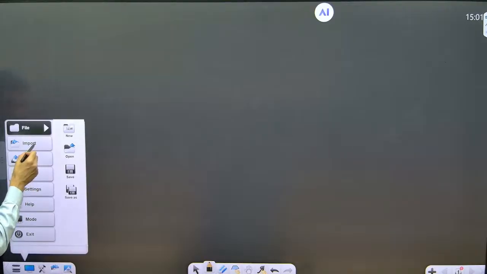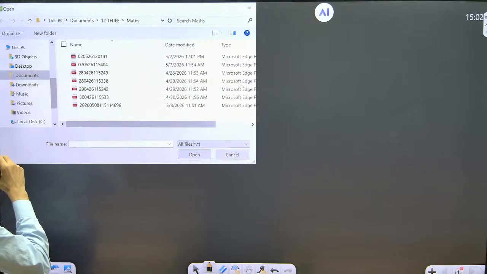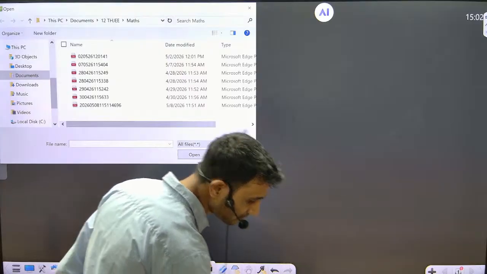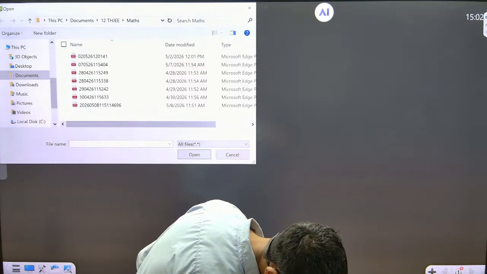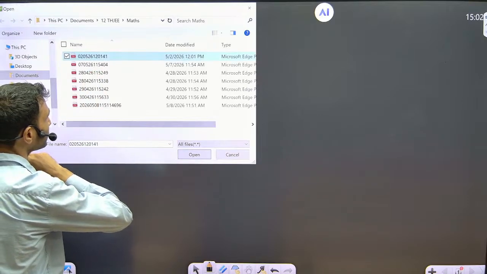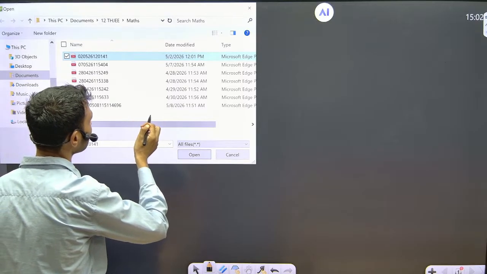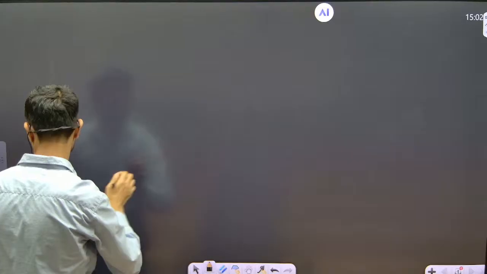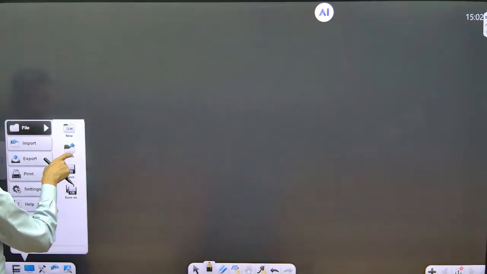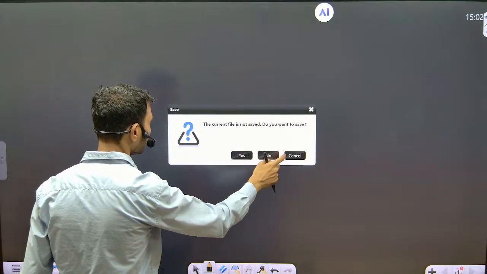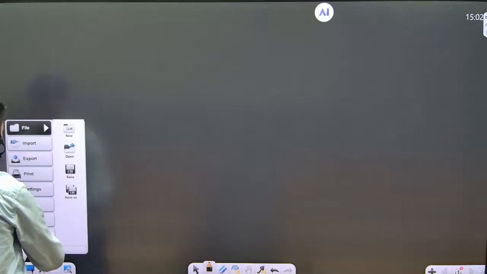Import, import file. Sorry, wait. Import or export?